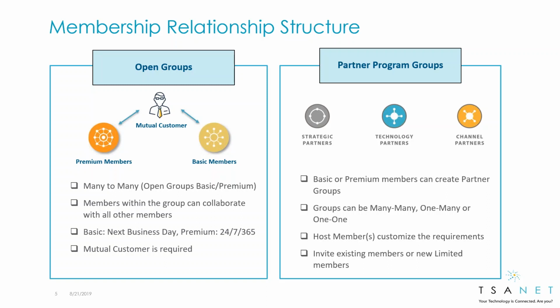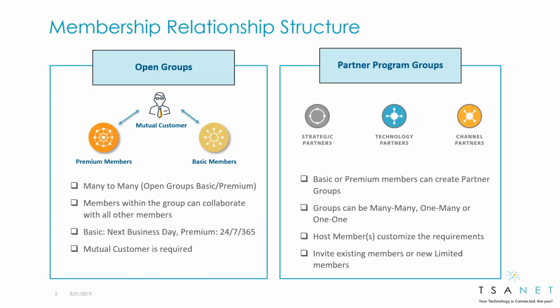So 2 hours in a priority 1, 4 hours in a priority 2, next business day in a priority 3. So premium members actually have an obligation from other premium members that where there's a customer entitled at that level, there will be a higher level of response. But they're still within this many-to-many open group environment and where that mutual customer is defined.